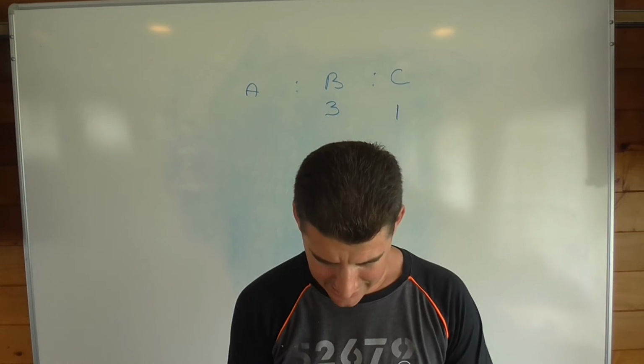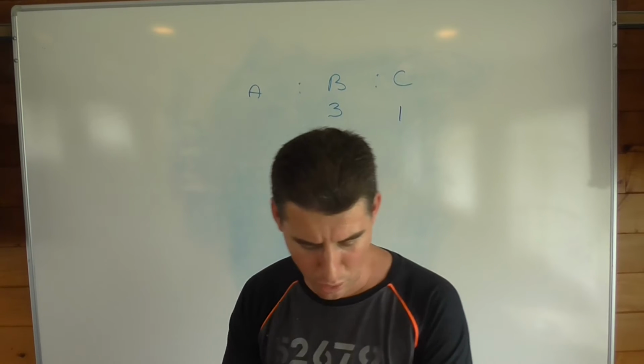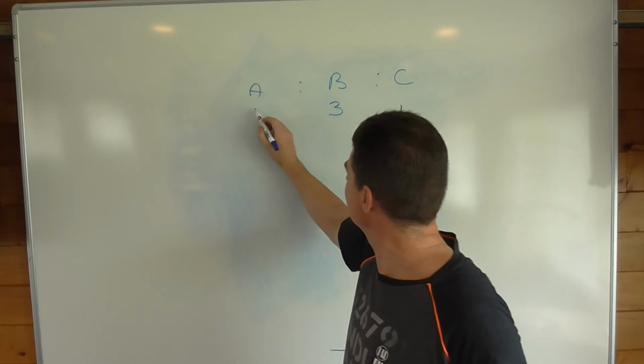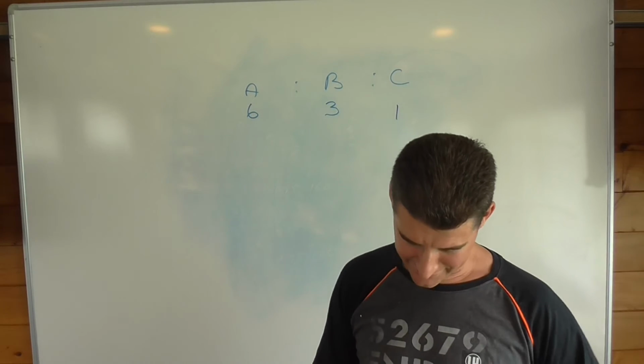And it says A receives twice as much as B. So if B gets 3, that means A gets 6.